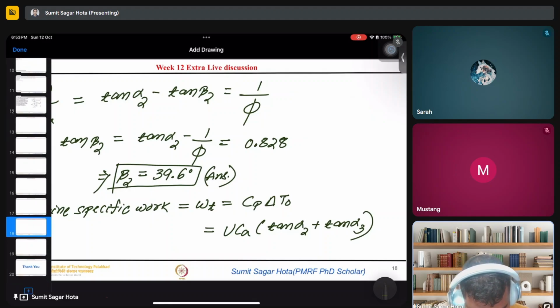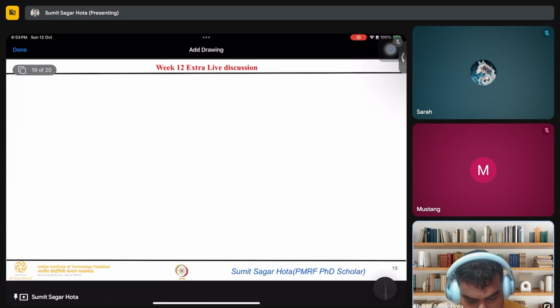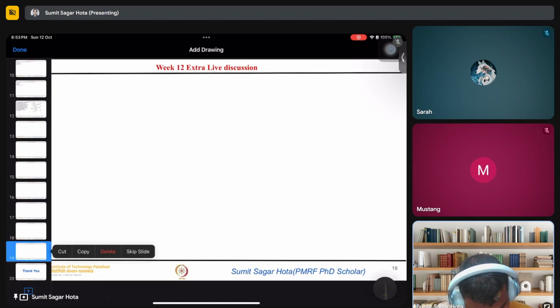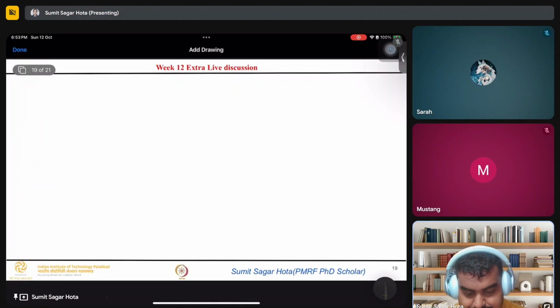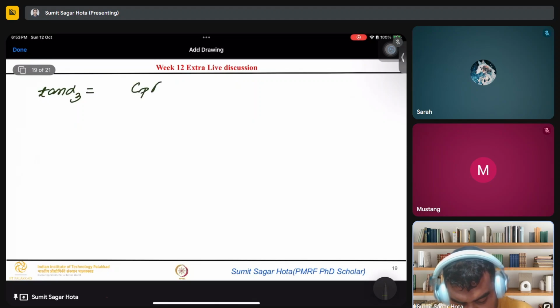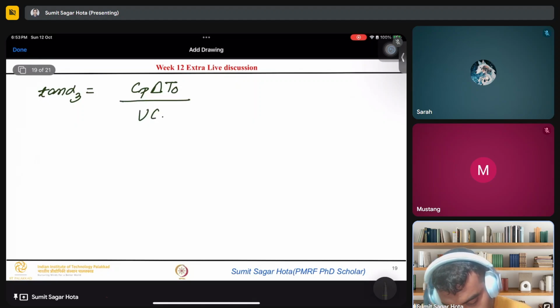Taking tan alpha 3 on one side, tan alpha 3 is equal to Cp delta T naught divided by U into Ca, minus tan alpha 2.